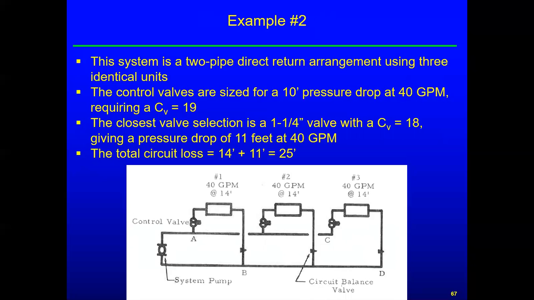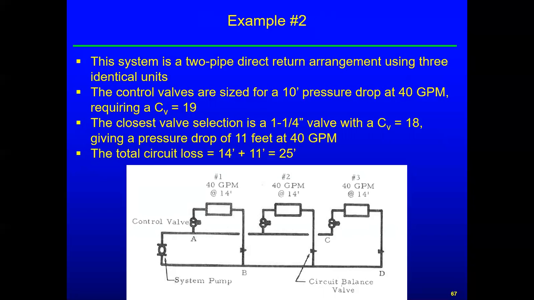That's where circuit 1 pulls off. Then we go down a ways and we pull off to 2, and then we get to C, which is where the branch circuit to zone number 3 pulls off. Then we come out of 3 down to D, and we're saying that the return header starts at D and then runs from D back to B, where the flows come back together.